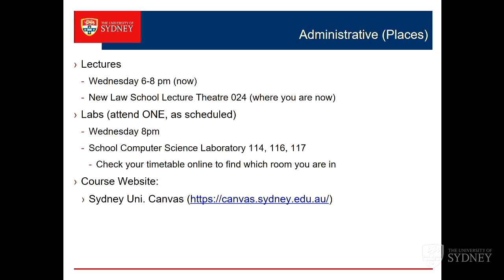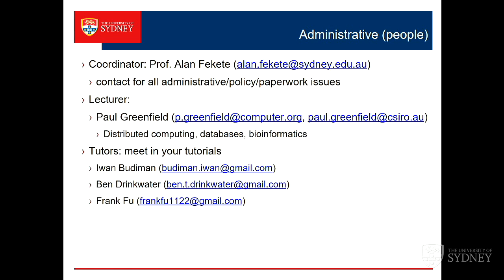Labs follow immediately after the lecture, so on Wednesday nights at the end of the 2-hour lecture slot, we all go over to the School of Computer Science labs. That used to be called the School of IT labs; the school has been renamed, and so have the labs. Your timetable will tell you which lab you're in. They're all running in parallel, so there's only one time slot for labs. And of course, it's crucial to always pay attention to Canvas.